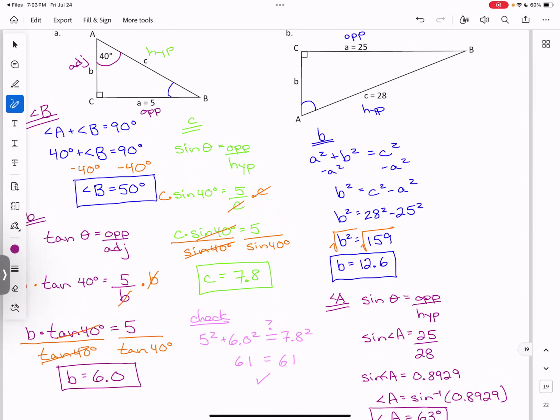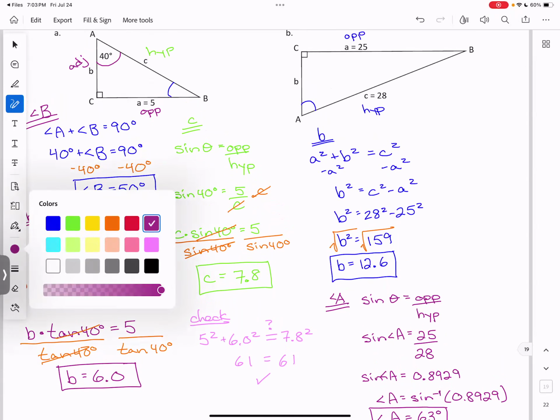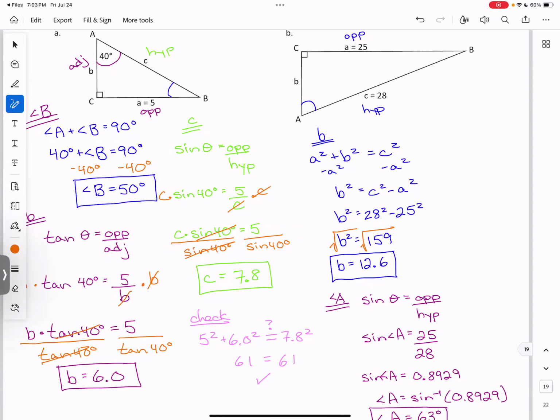We could actually use SOHCAHTOA to figure that out, just like we did for angle A. If you do it that way, it's a nice double check that angle A and B add up to 90 degrees. I'm going to do it the easier way though, which is we know angle A plus angle B is 90 degrees. And we just solved for A. So we found A was 63 degrees.